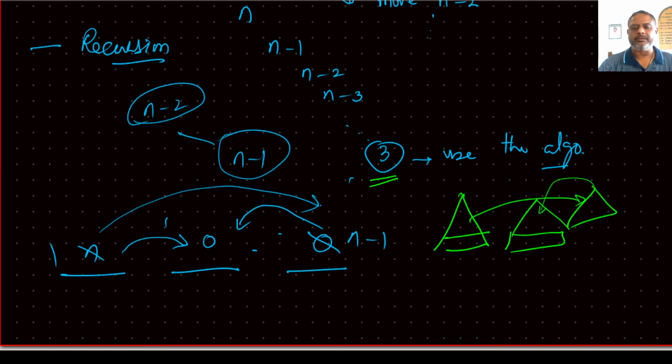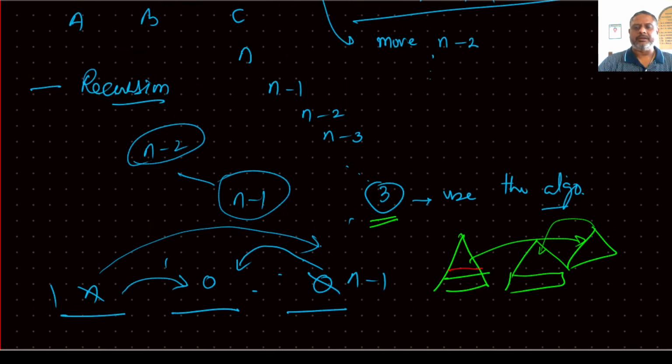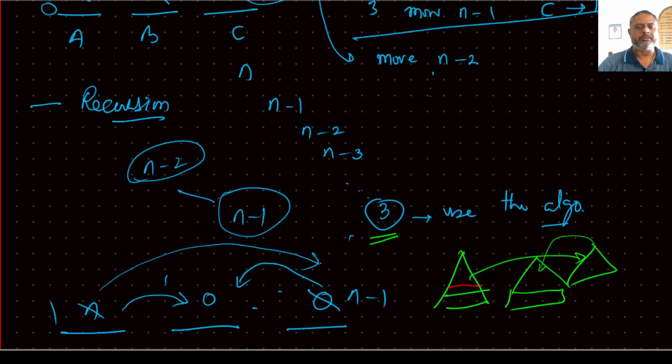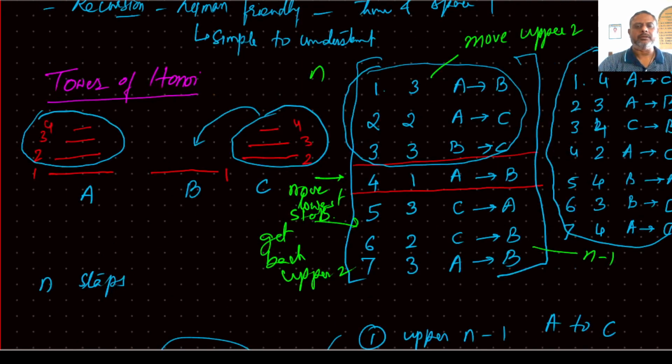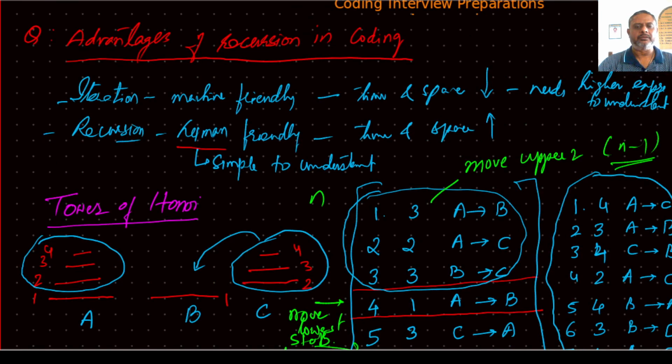That's as simple as that. Now the question is how to move this. So this can again be divided into one lower slab and its upper. Then move upper, move lower, then fix back its cap, and that continues. So it is very simple to understand in abstract sense. That's why it's called human friendly. We can very easily understand the logic, we can very easily implement it.